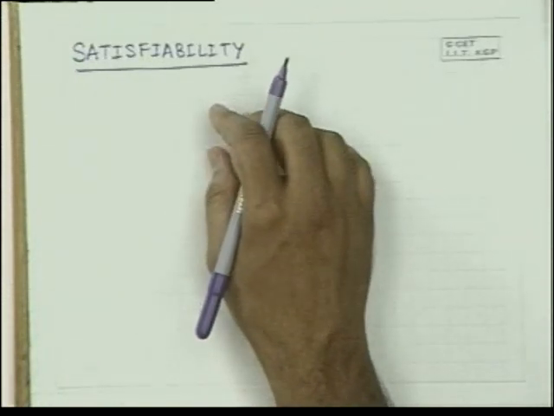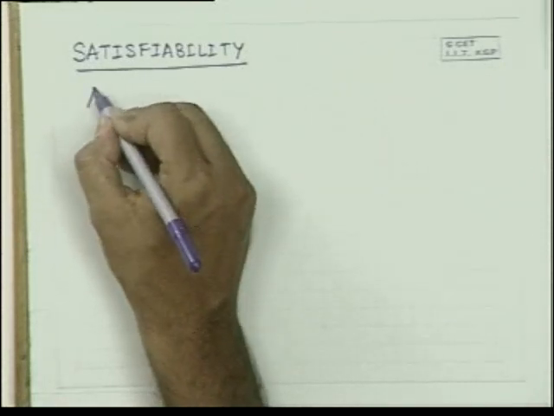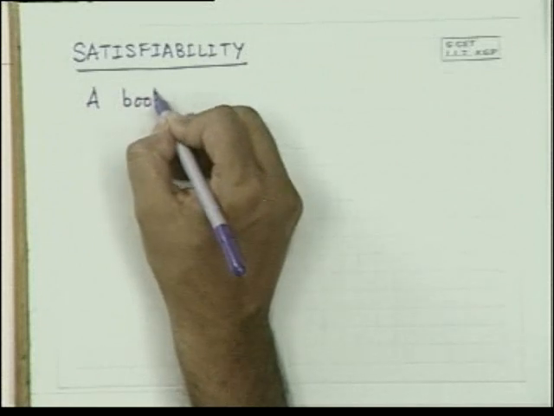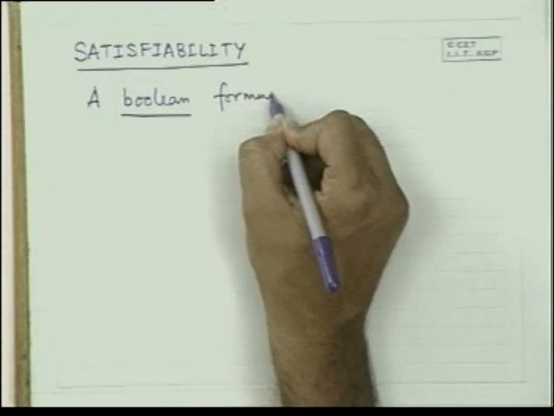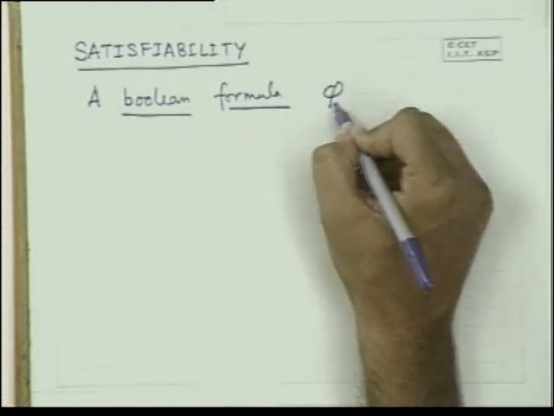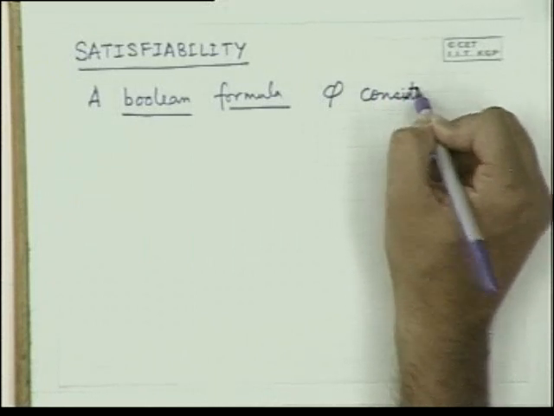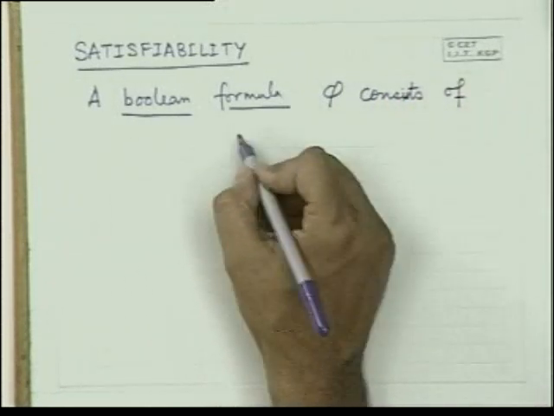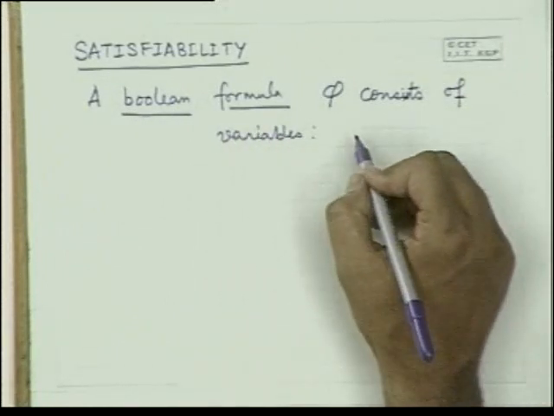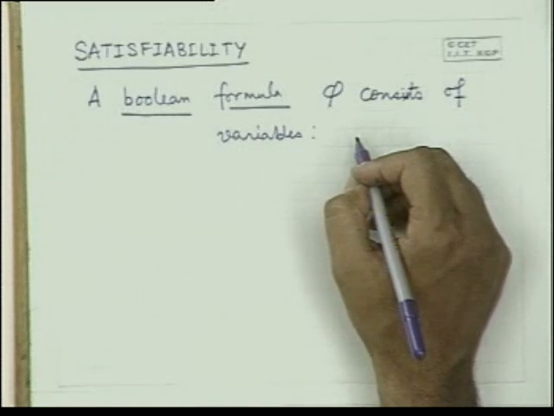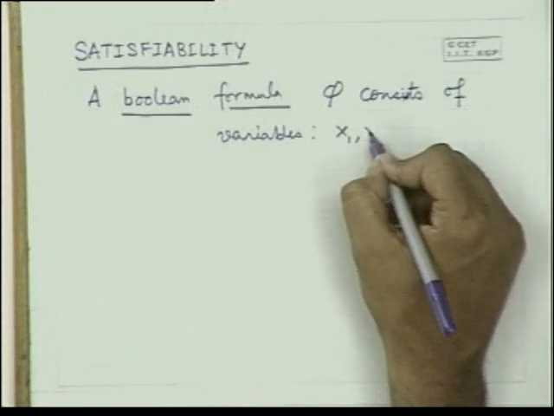The satisfiability problem deals with a Boolean formula. What is a Boolean formula? A Boolean formula phi consists of variables. These variables are Boolean variables. They can take only 0 and 1 values, true or false basically. So it has variables x1, x2.